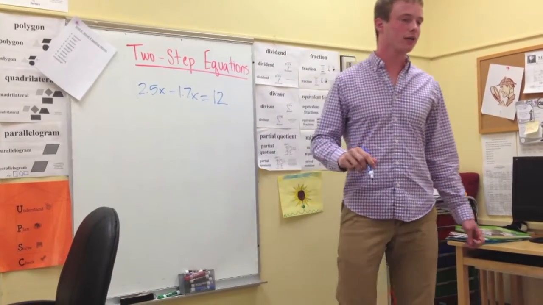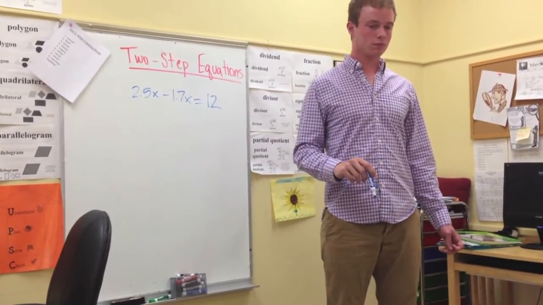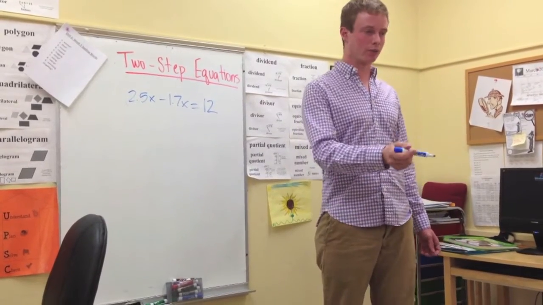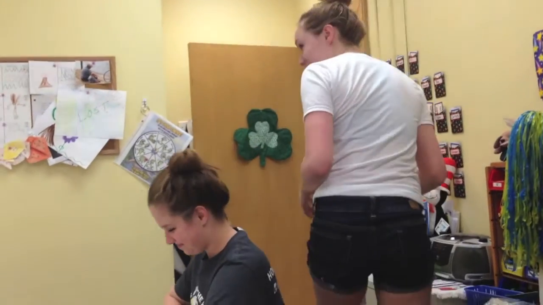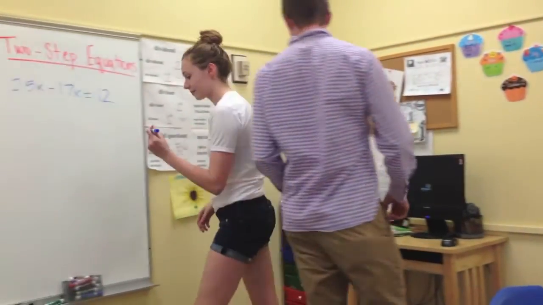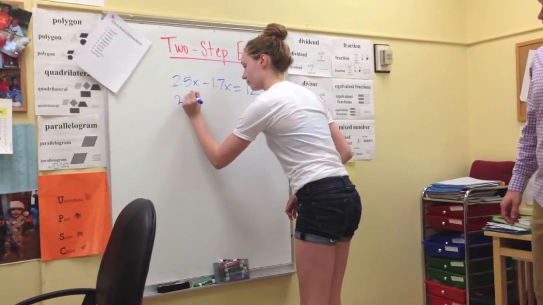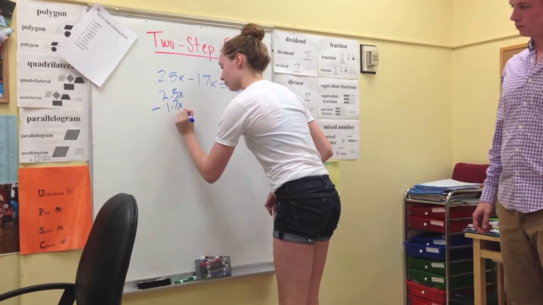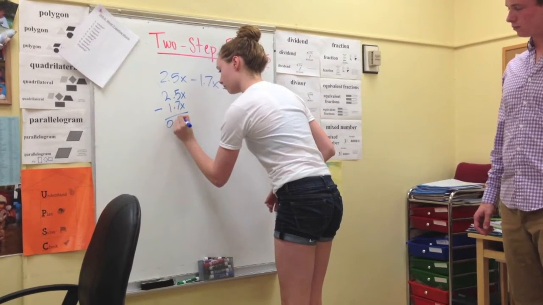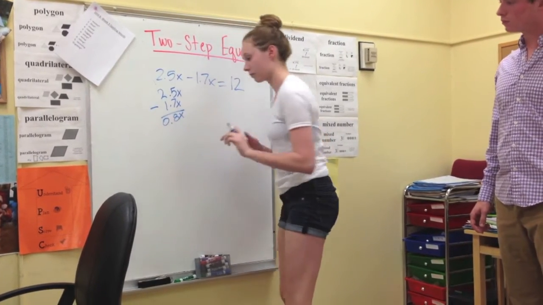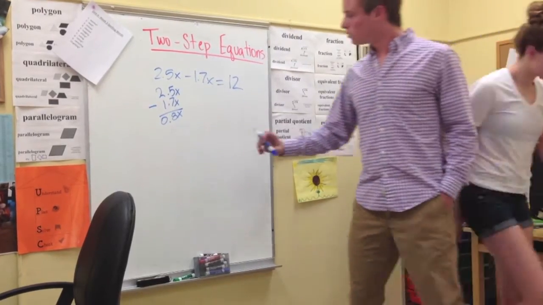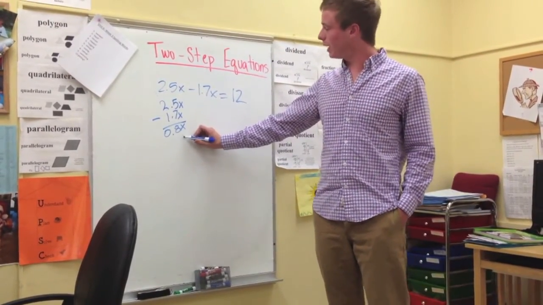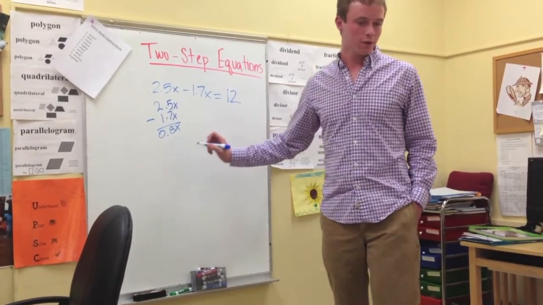So what do you think that looks like? 2.5x minus 1.7x. Exactly. Do you want to come show what that looks like? Exactly. So over here, we have 0.8x equals 12.